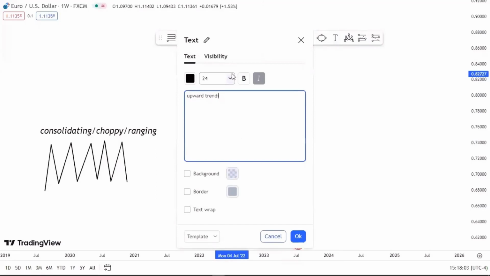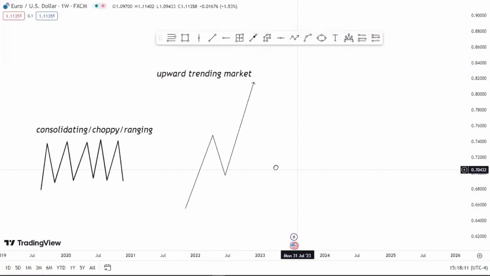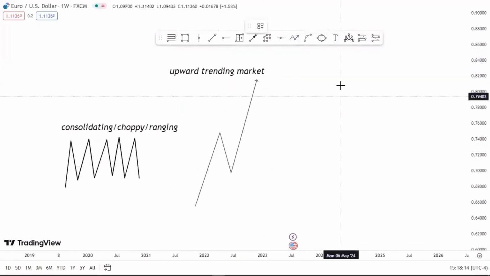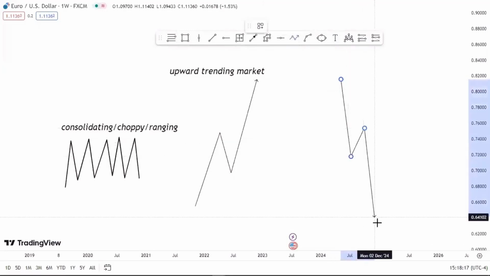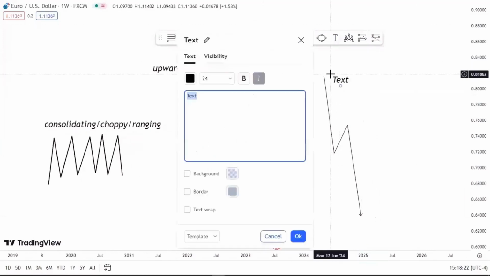Random markets also have this downward random markets.